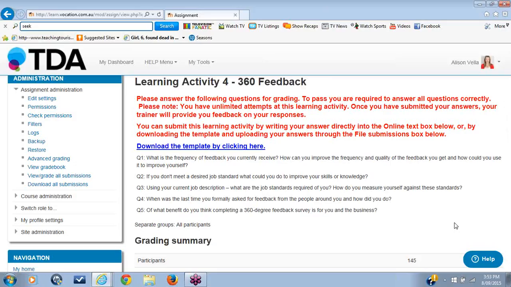I've had a couple of students that have answered this question and they have said, I don't actually have a job, so I can't answer it. So whenever you get to a question where it specifically does say something about a job description and you're not employed, you still do need to have some kind of answer to that particular question.